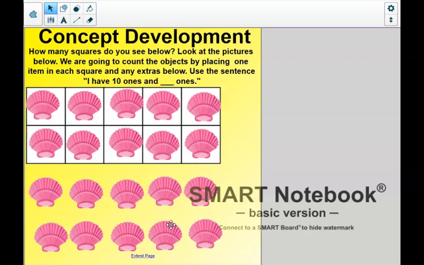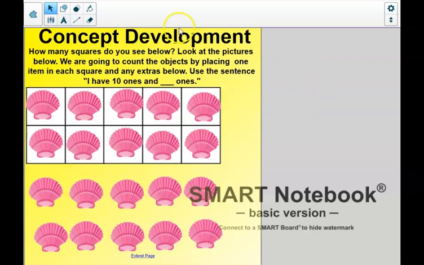How would I say that when I say I have 10 1s and blank ones? Let's see. So I have 10 1s, and how many do we count down here? 10. So what we would say is I have 10 1s and 10 1s.